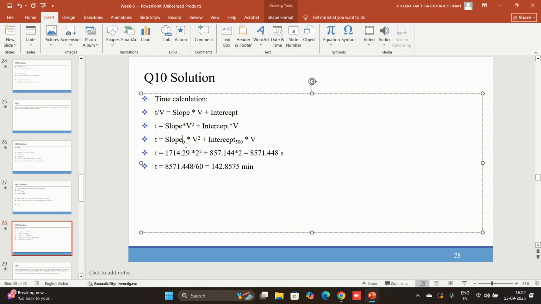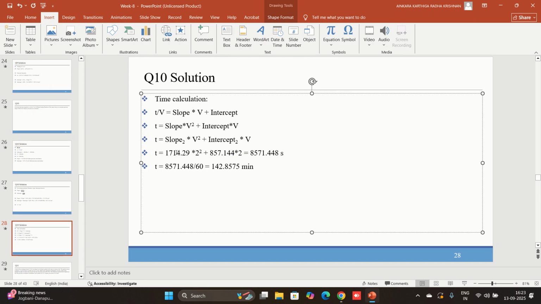Again it is not 500 which we are using, it is 2. So intercept 2 and slope 2 we found out. So t is equal to 1714.29 into 2 square plus 857.14 into 2, as the filtrate volume for which we need to calculate the time is 2.